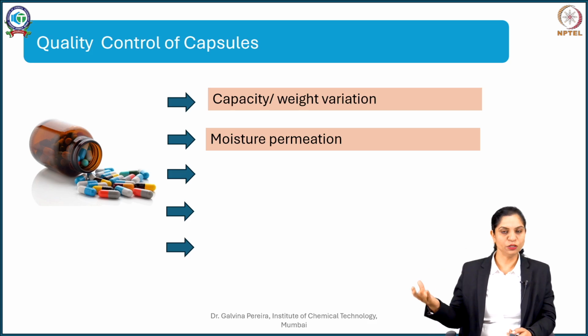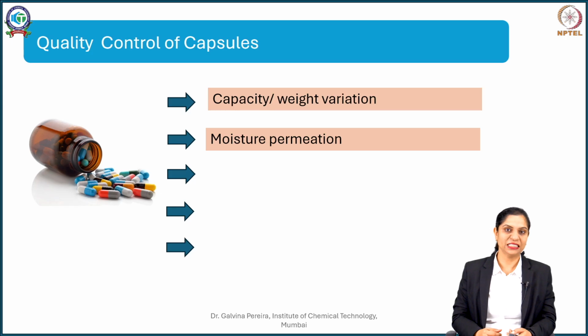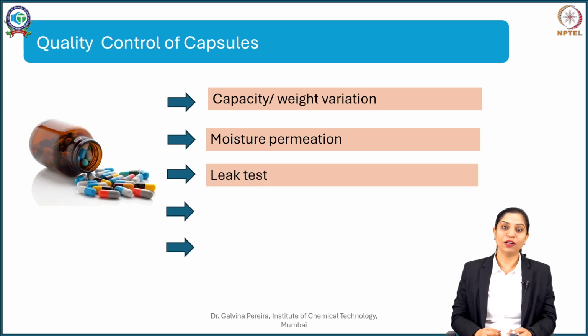Likewise, extraneous moisture should not be entering inside the capsule as well. Then for capsules which are liquid fill, you do what is called a leak test, where they are kept on a paper or in a vessel and checked for any leak. Generally a butter paper is kept where you can visually see if any of these capsules is leaking.